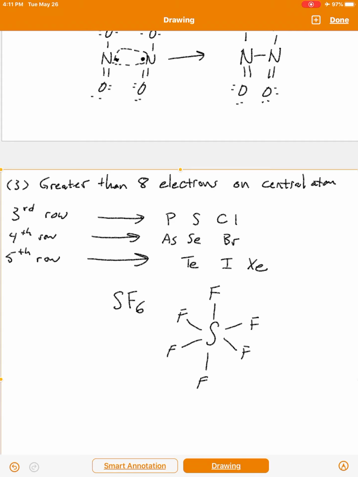We haven't completed the Lewis structure. But at a minimum, this sulfur has to have 12 electrons because it has a bond to each fluorine. SF6 exists. This is found. We can make this in a laboratory. It's a real structure. That means the sulfur has to have more than 8. So if one of these elements is in the central position and it has more than 4 atoms connected to it, it will have more than 8 electrons.